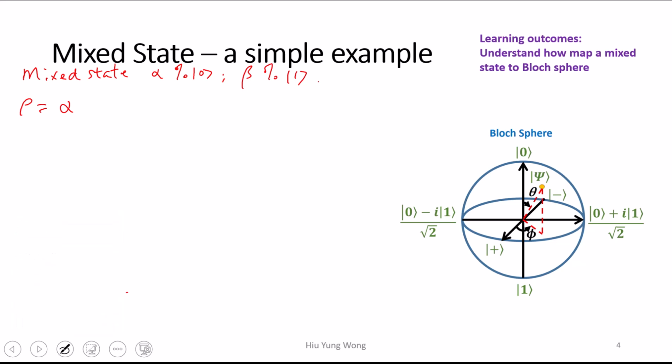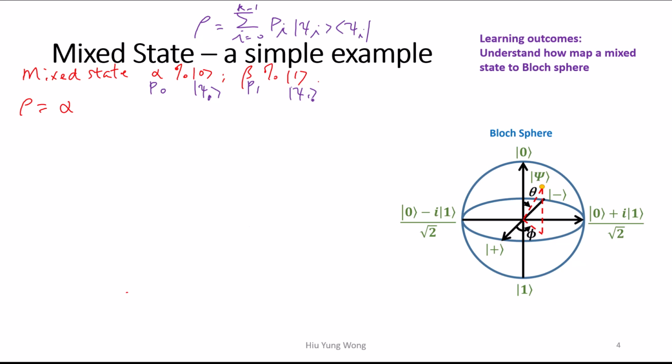If you remember, when you look at the density matrix equation, we have the sum from i equal to 0 to k minus 1 of p_i times the outer product of psi i with itself. So basically, this is P0, this is P1, and this is psi 0, and this is psi 1.